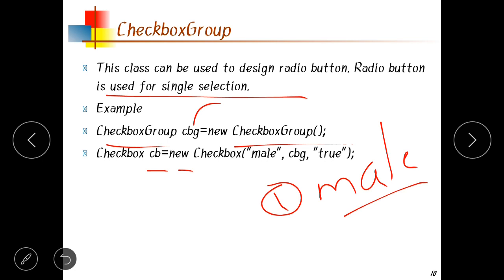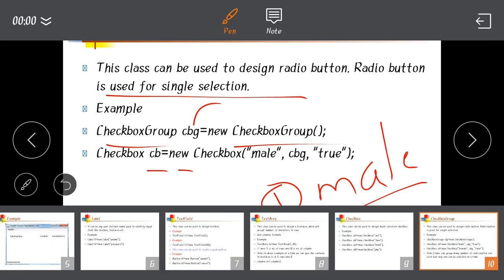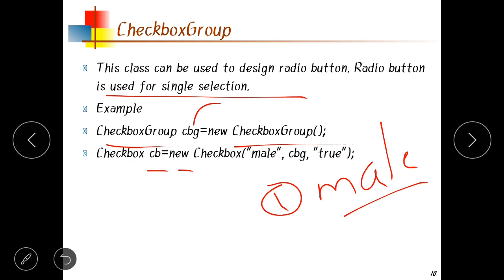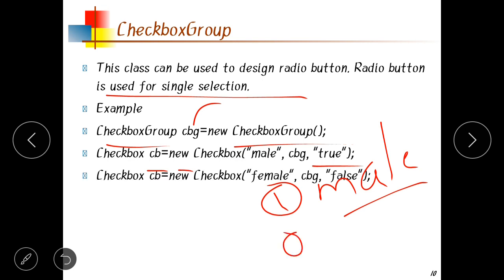To unselect this, you have to click on this component, then it becomes false. By default we are setting it as true. If you uncheck or unselect this button, it will be unselected and the value of this component will become false. Okay, to create a female, that is female.